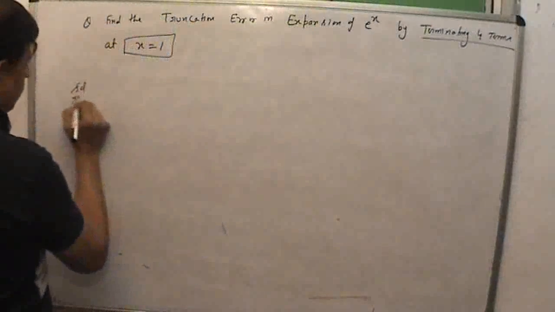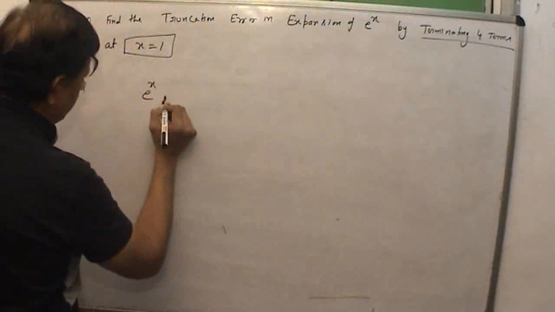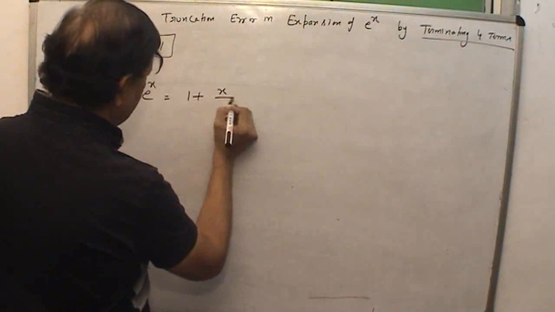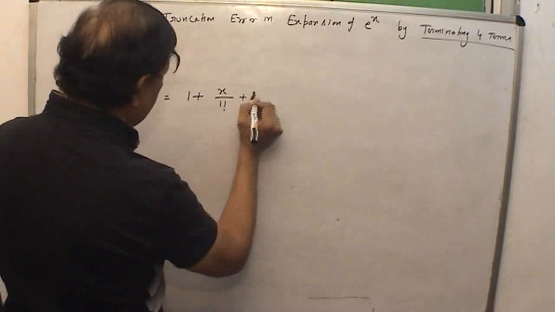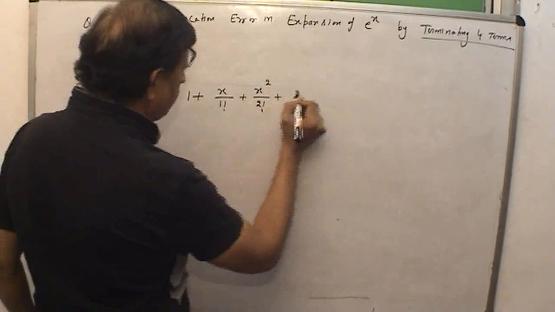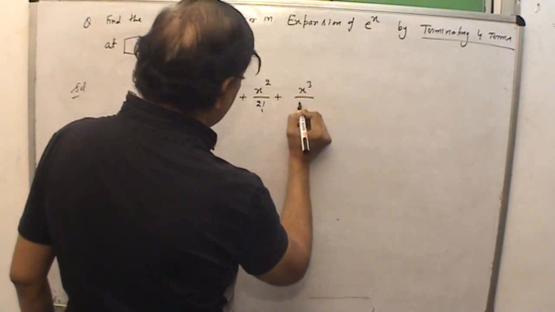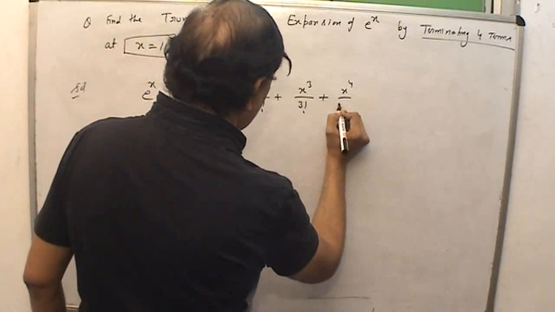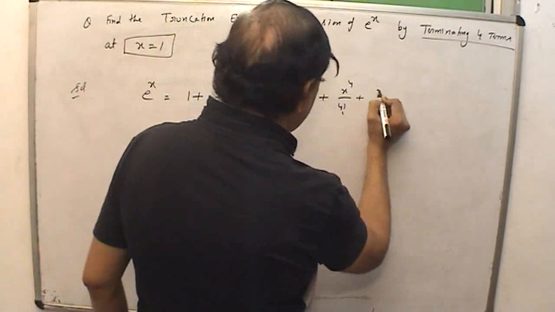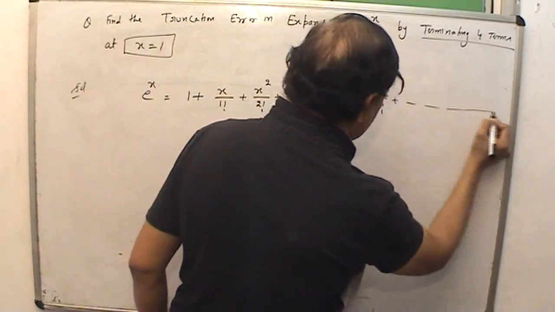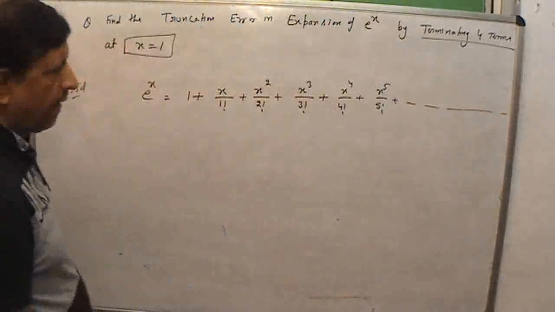We take the expansion of e raised to the power x, that is 1 plus x upon 1 factorial plus x square upon 2 factorial plus x cube upon 3 factorial plus x raised to the power 4 upon 4 factorial plus x raised to the power 5 upon 5 factorial and so on.